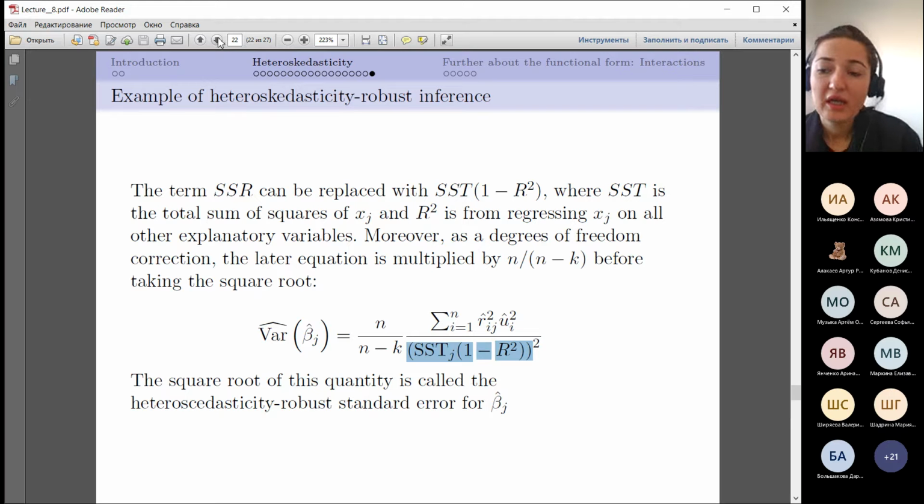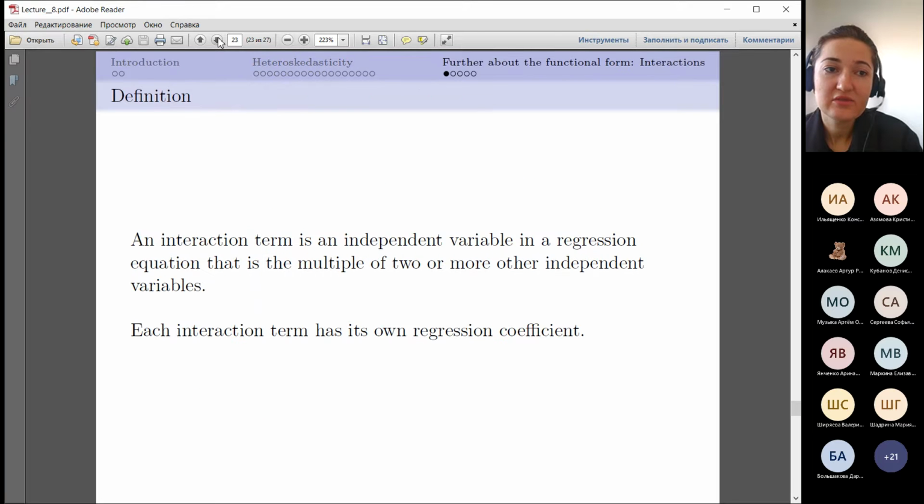Okay, now we have 20 minutes left, and let's discuss an interesting topic about how we can combine some variables in our model. We can use an interaction term as an independent variable in the regression equation. This interaction term is the product of two or sometimes even more than two independent variables.